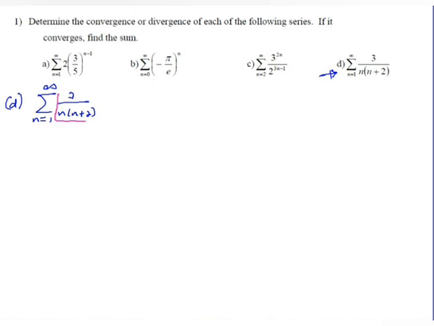Using the concept of decomposition into partial fractions that you learned in grade 11, we must write this series in another form. Starting from 1 up to infinity, the equivalent form of this expression is 3 over n minus 3 over n plus 2. You can check by simple crisscross.